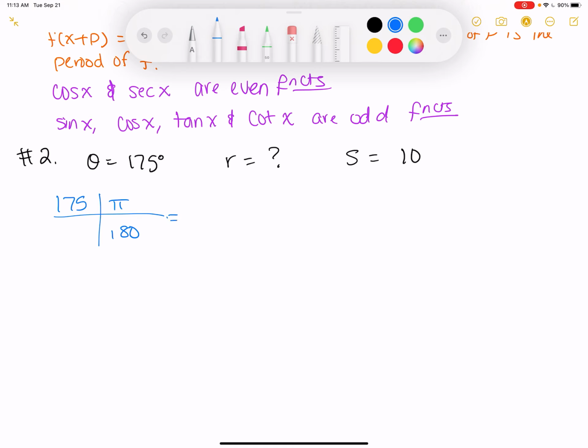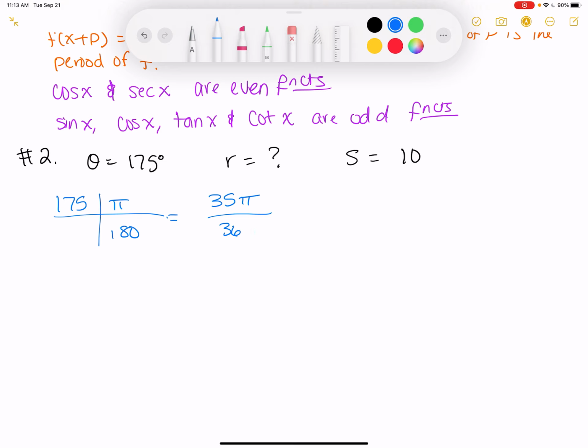I know that 5 goes evenly into both, and I don't think anything else does. So 175 divided by 5 is 35, and 35 pi over 36, not pi on the bottom.